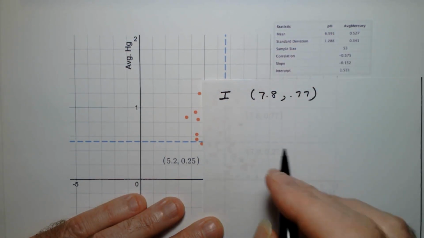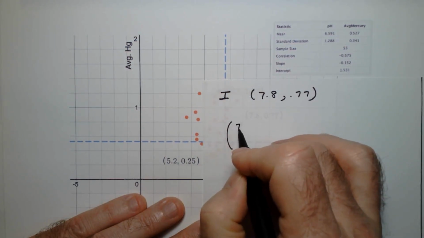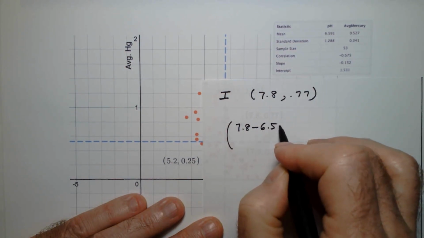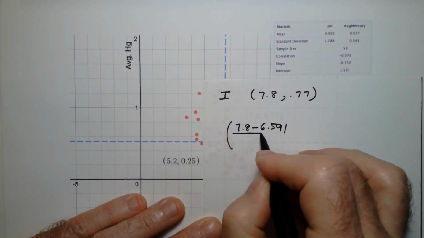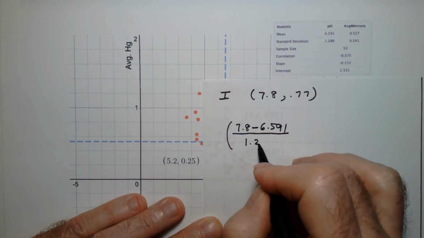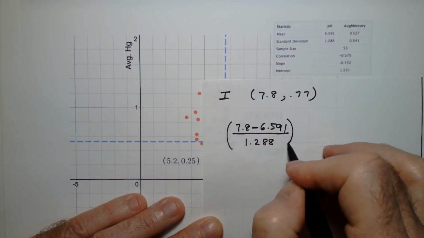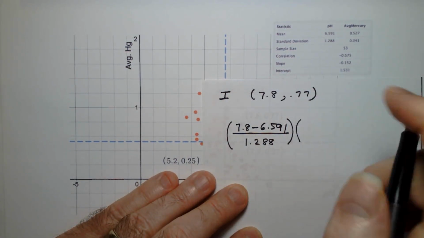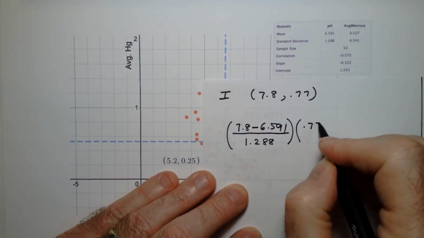All right, so that 7.8 has to be standardized according to the mean and the standard deviation of a pH level. So that's 7.8. I'm going to subtract 6.591 and divide by the corresponding standard deviation of 1.288. Okay, that's the z-score of that pH level. Now I need to do the same thing and find the z-score of this mercury level.